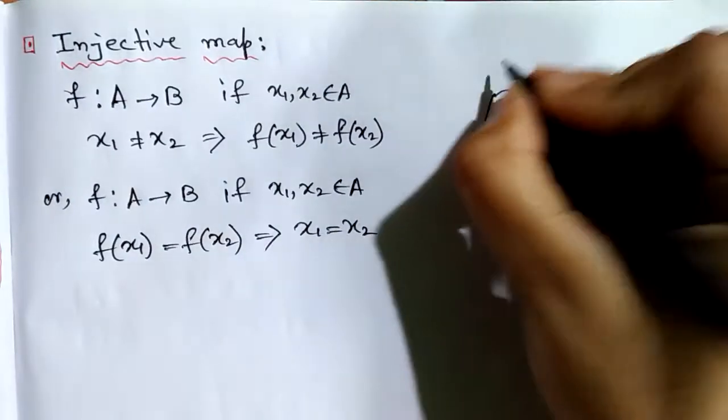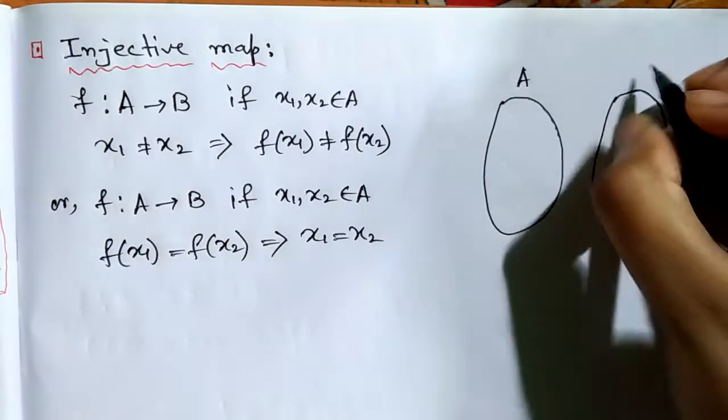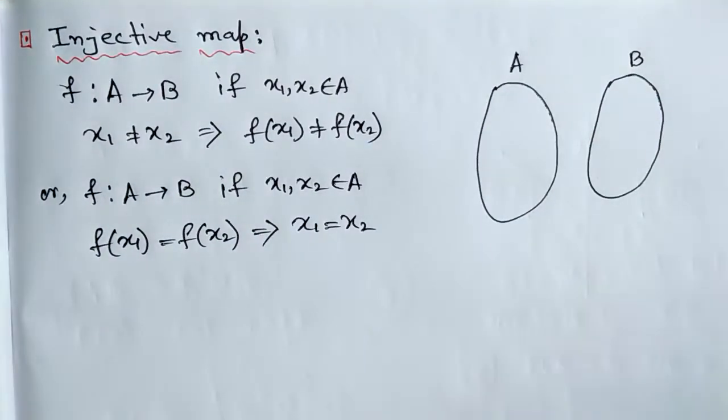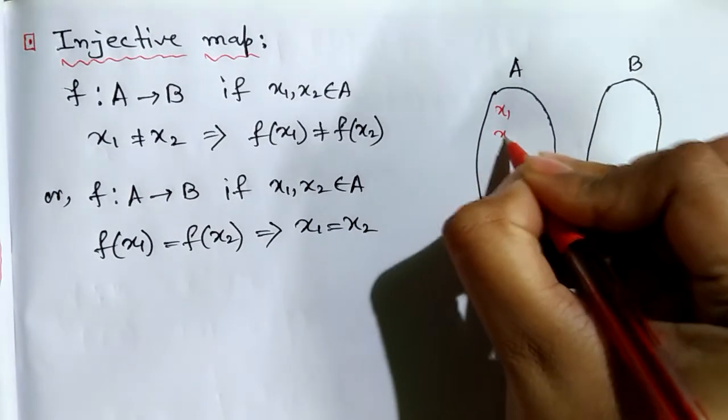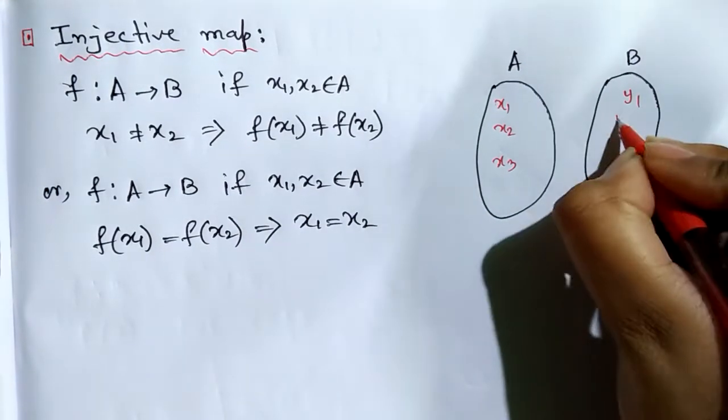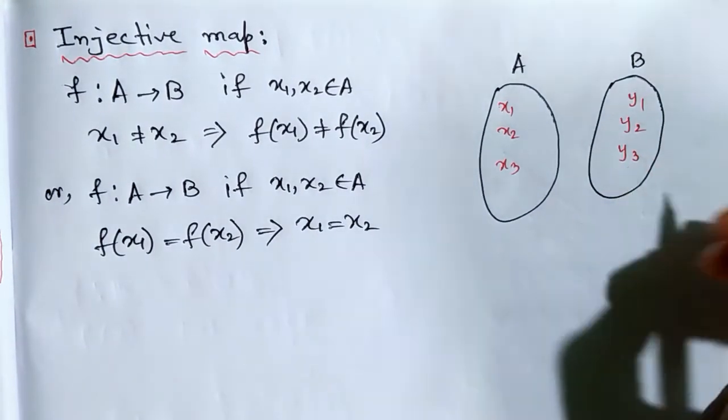Now see this figure. This is our domain A, this is B. We consider three points in A, x1, x2, x3, and three points in B, y1, y2, y3.